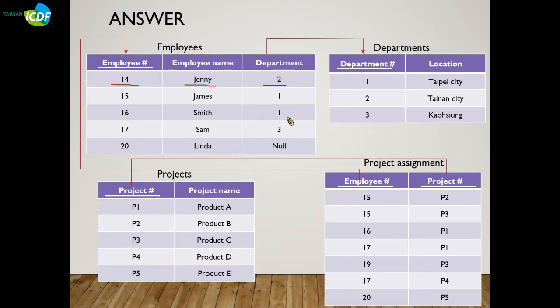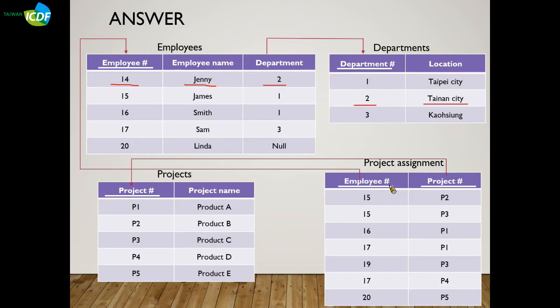In other words, we have no idea about any extra information about department number 2. With the reference of foreign keys, we can find out the corresponding department number 2 and know the fact that the department is located at Tainan City.